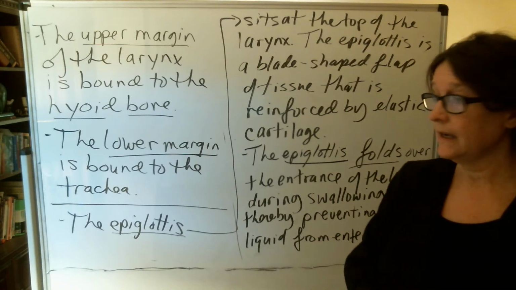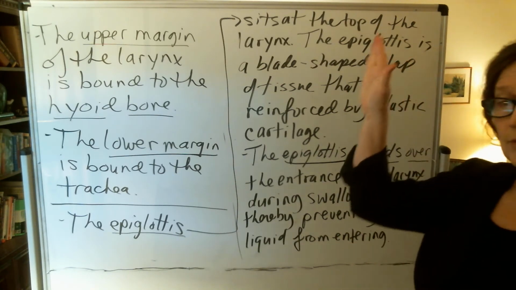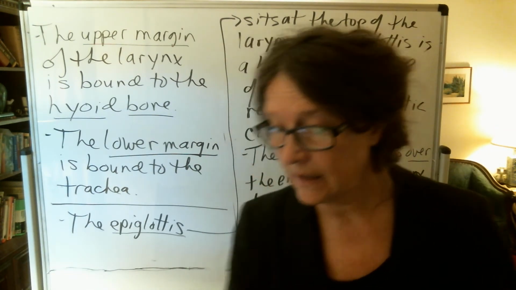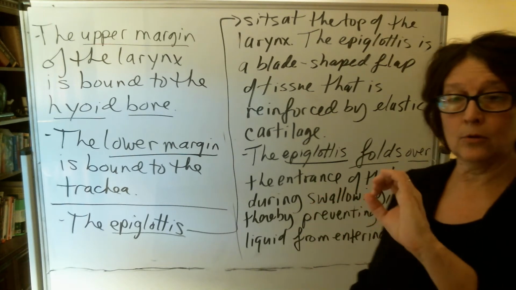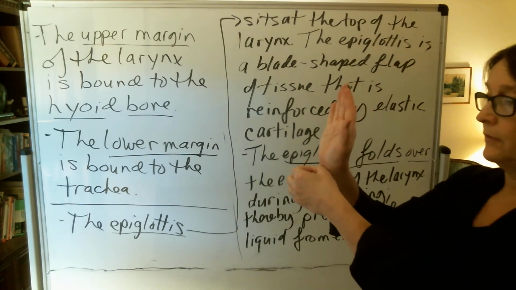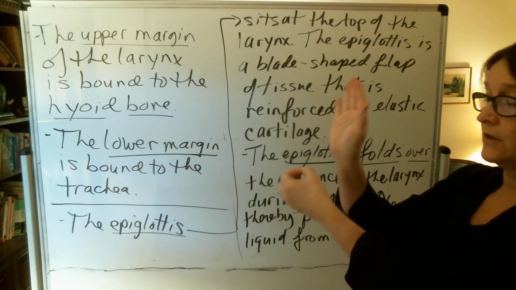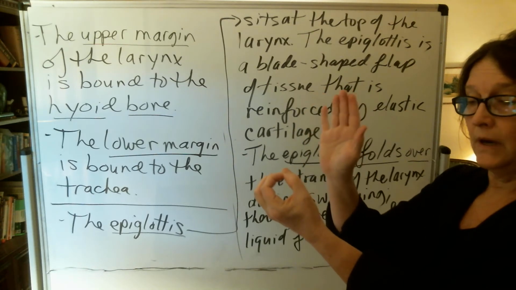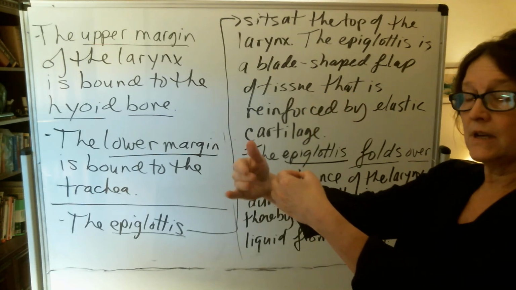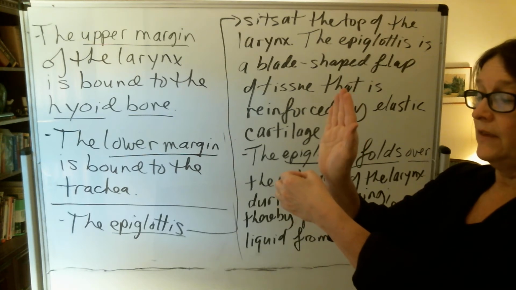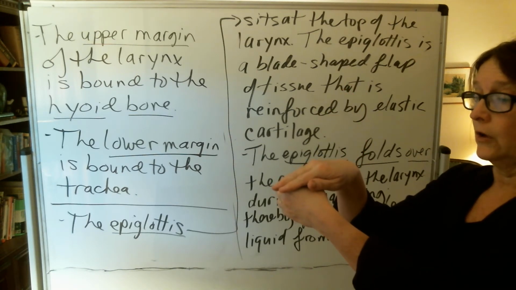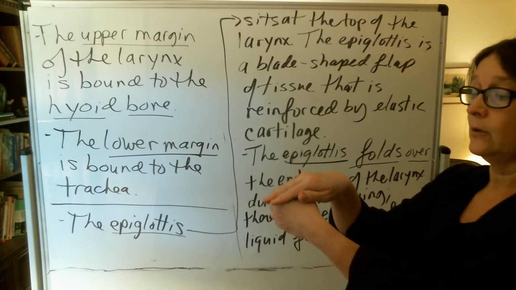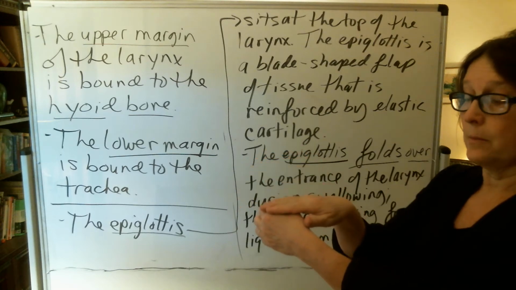So what this is saying here is that you have this flap of tissue that sits on top of the hole. Here's the hole. You have a flap of tissue like this. So this is your trachea here, or rather this is the glottis. Here's the glottis, the opening. And you're going to have the esophagus back here. So when you swallow, the epiglottis simply folds over the glottis, the opening to your respiratory system, so that the food and the liquid then are diverted into the esophagus back here.